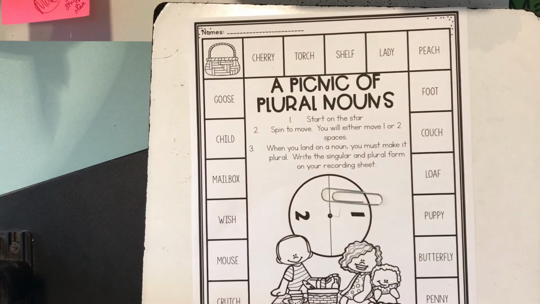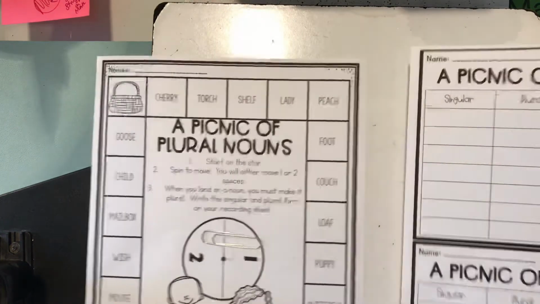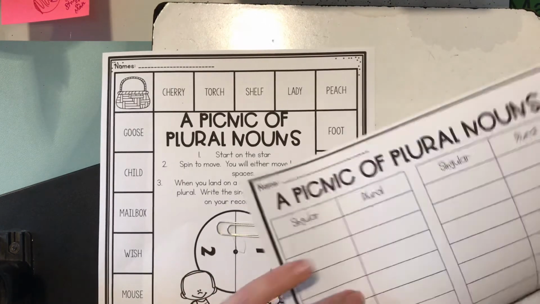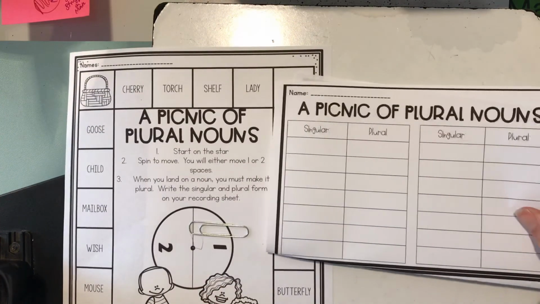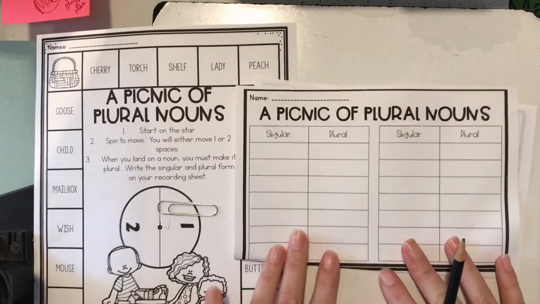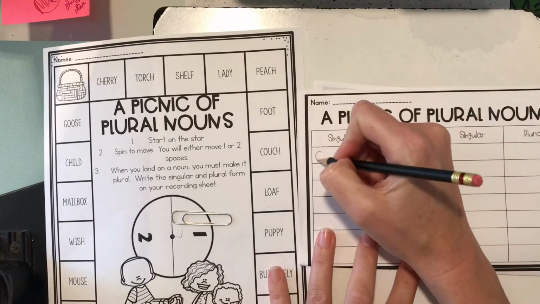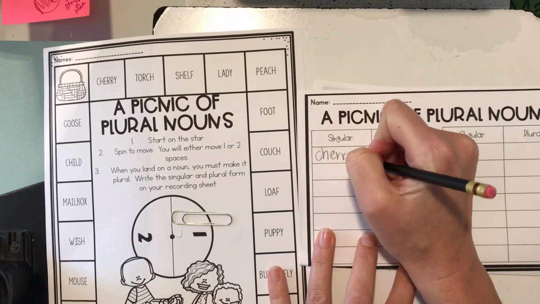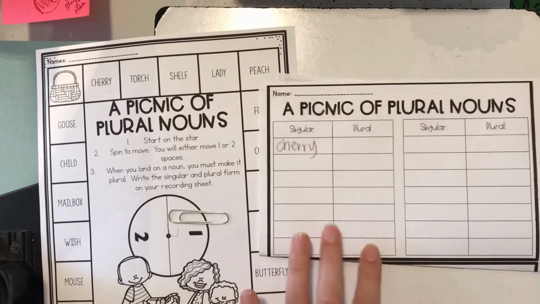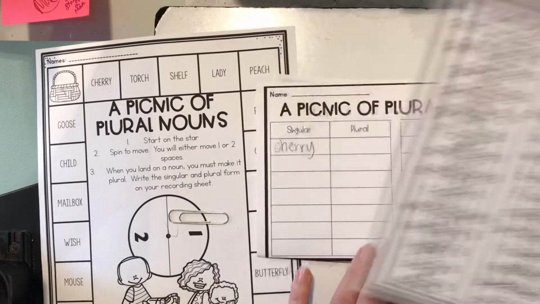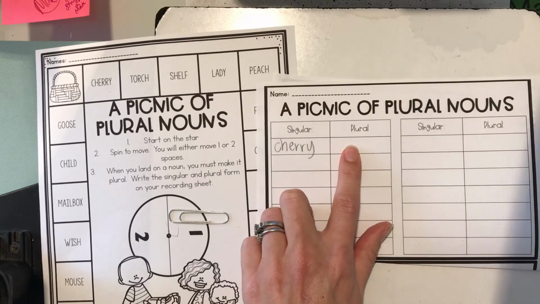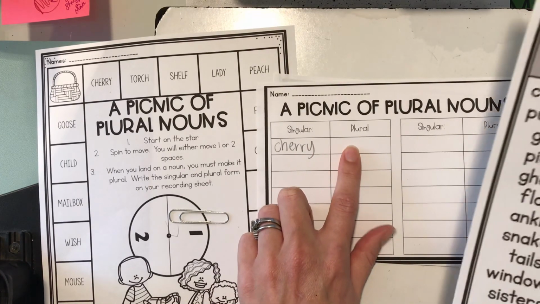Cherry. All right, now I'm going to go to my fill-in sheet here, and I am going to write cherry. That is the singular for the noun cherry. Now I need to look at my plural sheet to help me figure out what the plural noun is for it if I don't remember the rule.